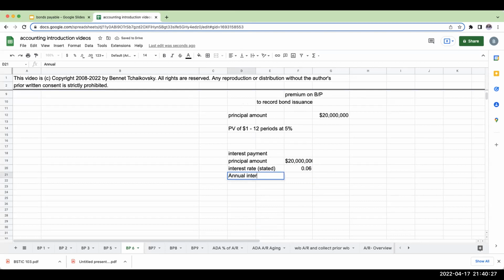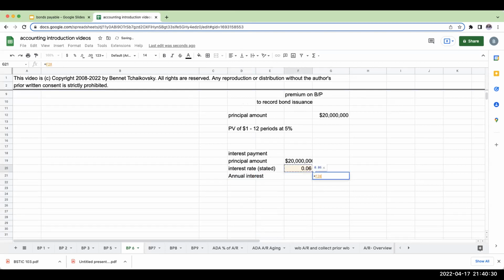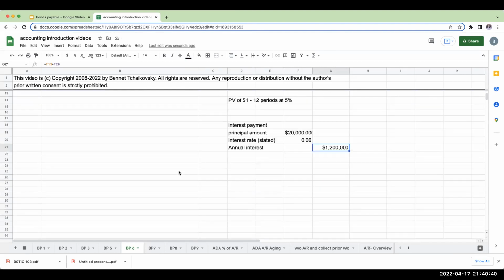So my annual interest is going to be 20 million times 6%, or $1.2 million. If this said semi-annual, we'll look at a question of that later, but here it's annual. Whatever factor I use for this, I have to use the same as the above.